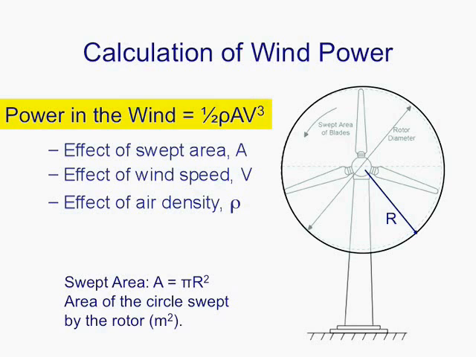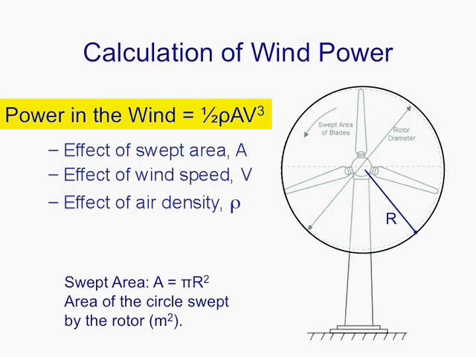And we have this formula right here. So it's 1/2 rho, which is the air density, times the area swept, which is pi r squared, times the velocity of the wind cubed.